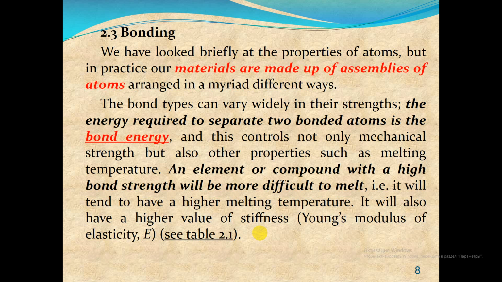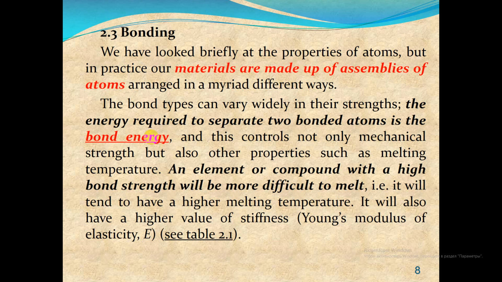The bond types can vary widely in their strengths. The energy required to separate two bonded atoms is the bond energy. And this controls not only mechanical strengths, but also other properties such as melting temperature.